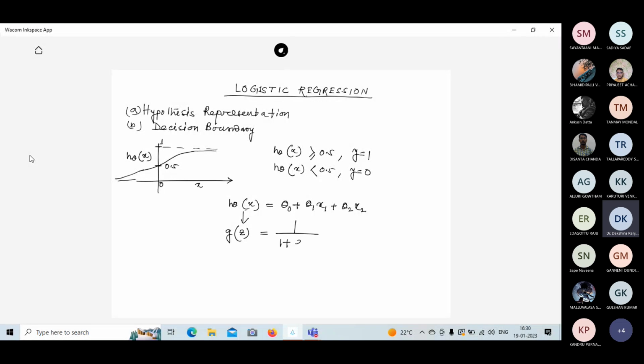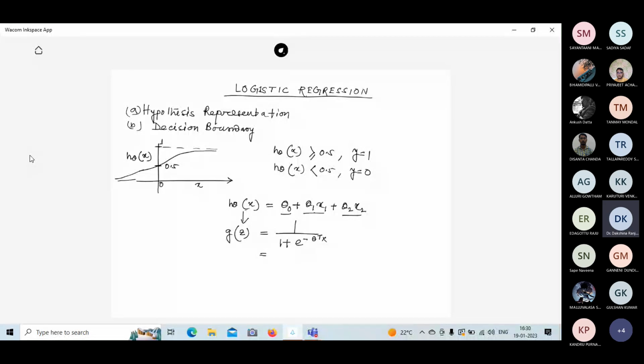And for that we get g of z equals 1 upon 1 plus e to the power minus theta transpose x. What is theta transpose x? Theta transpose x means we will write theta 0 plus theta 1 x1 and theta 2 x2. Okay. So this is a particular hypothesis representation.